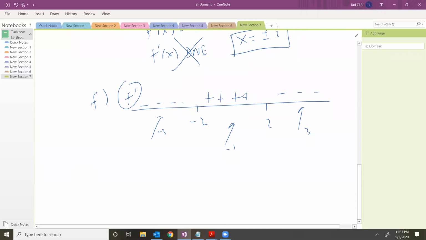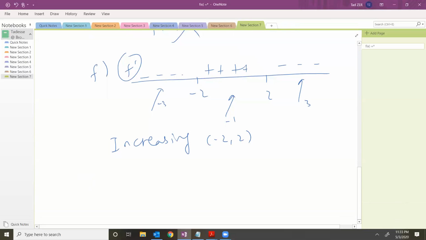So from this chart, it will be increasing from -2 to 2. Increasing means the first derivative is greater than 0. And it's decreasing from -infinity to -2, union 2 to infinity. As you can see here, at x equal to -2, it is decreasing, then increasing.